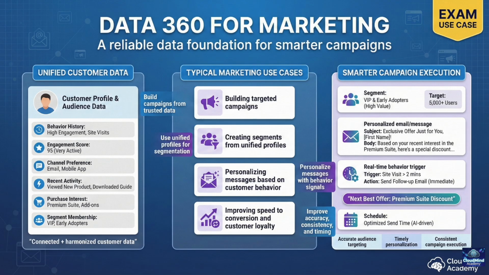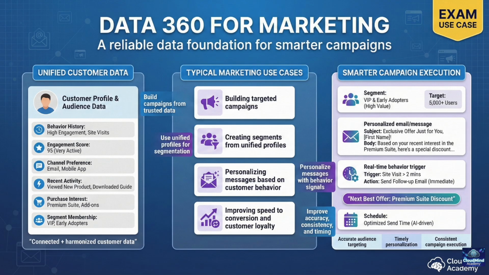Data 360 for marketing. Marketing is one of the most common and important Data 360 use cases. Typical marketing use cases: building targeted campaigns, creating segments from unified profiles, personalizing messages based on customer behavior, improving speed to conversion and customer loyalty.